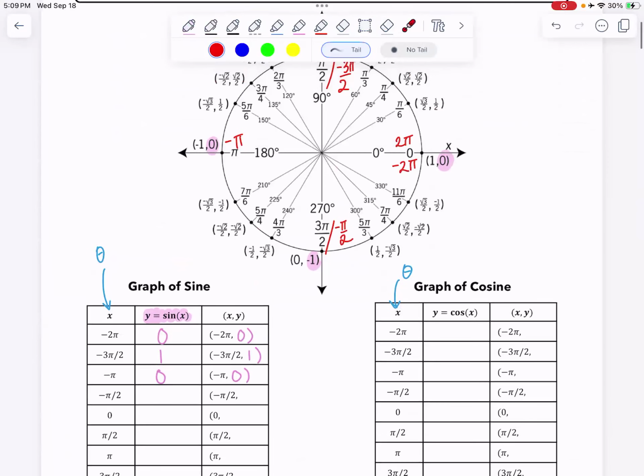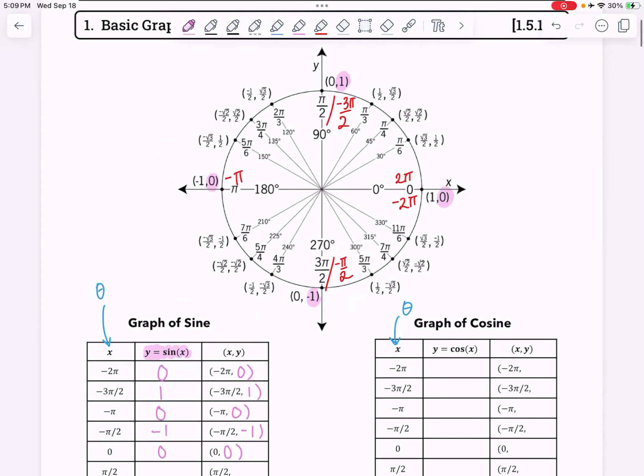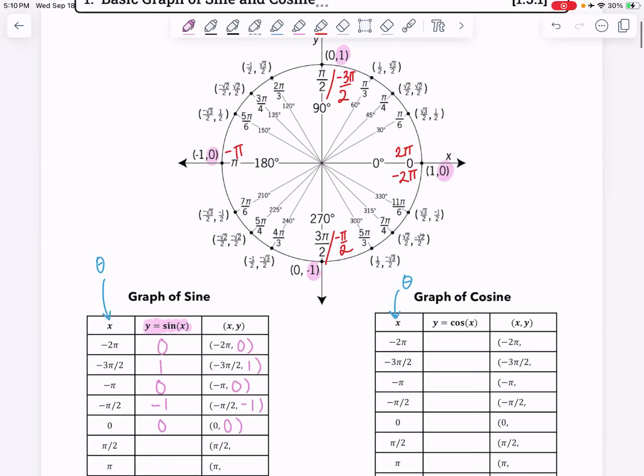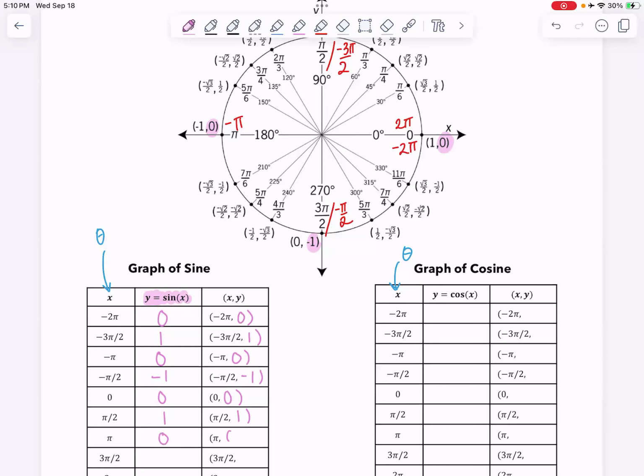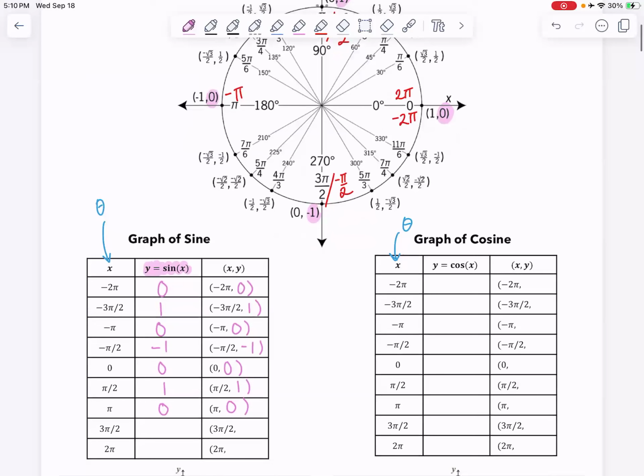At negative pi over 2, right here, the y value is negative 1. At 0, the y value is 0. At pi over 2, just like negative 3 pi over 2, the y value is 1. At pi, the y value is 0. At 3 pi over 2, the y value is negative 1. And at 2 pi, the y value is 0.